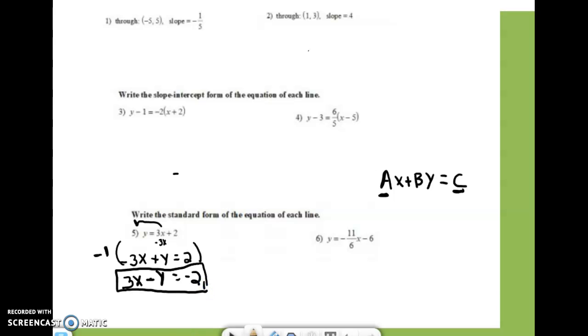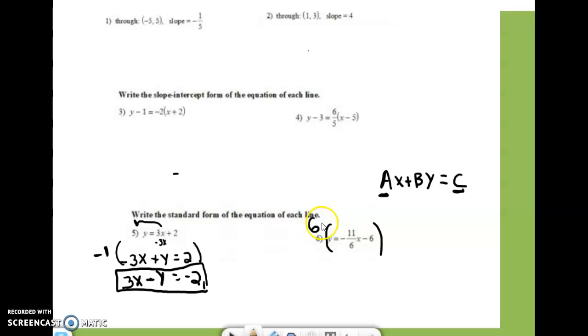All right. Next problem. I notice there is a fraction. So I know that I can't have any fractions in my problem. So what I'm going to do is get rid of the fraction right away, and by doing that I multiply everything by the common denominator. We did that when we did equations, okay? So I'm going to multiply everything by 6.